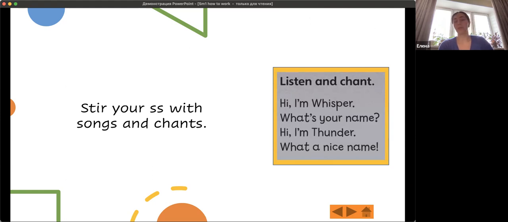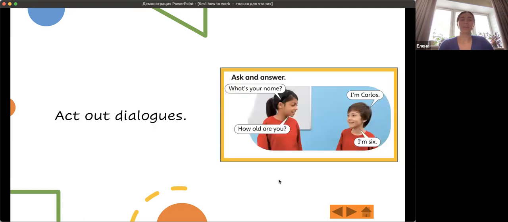They know the names of these characters in the book, and we can give them the cards and ask them to sing along, to practice these constructions. Then they change cards and again they sing. So they move, they sing, and it's funny. It's like TPR. Then we need to act out dialogues. Don't skip these activities from your books. They are great.